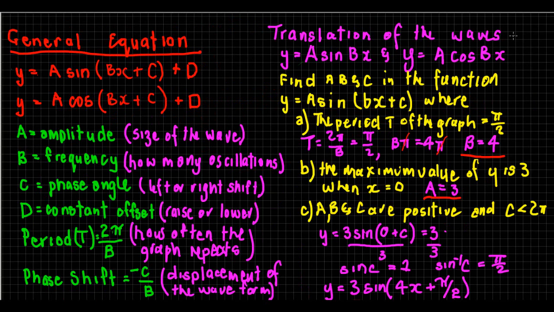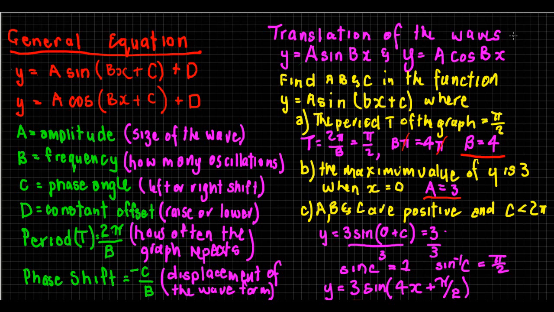Mathematicians like to compartmentalize things and have what we call a general equation. That's one that applies in a lot of different situations by using different variables. Now the trigonometrical graphs have general equations in this form here, where y equals a sine(bx plus c) plus d, and y equals a cos(bx plus c) plus d.